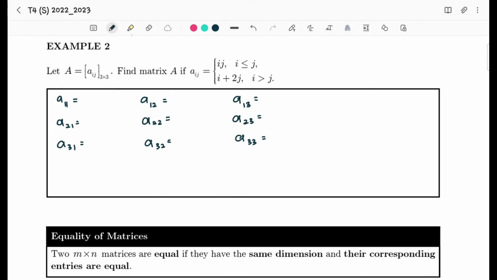Focus on the function given: i equal to j, i less than j, or equal to j. In our case, a11, i is equal to j. So we follow the first function, i times j. Our i is 1, j is 1, so 1 times 1.